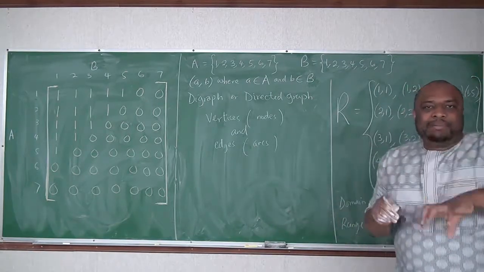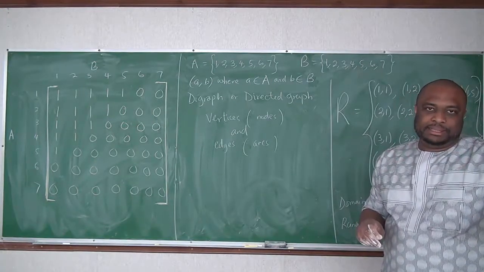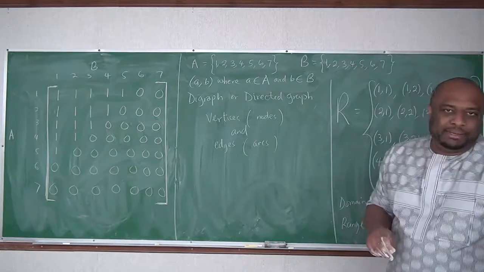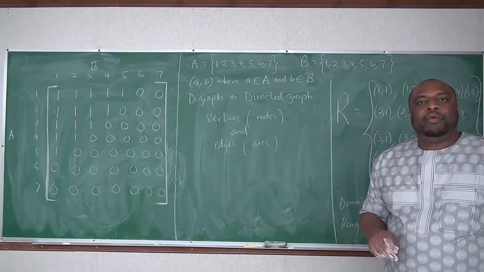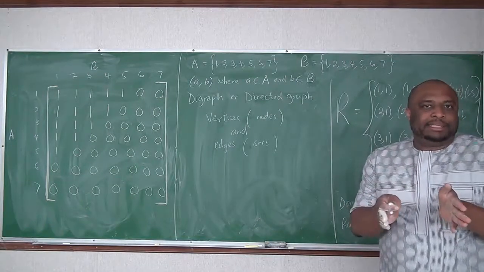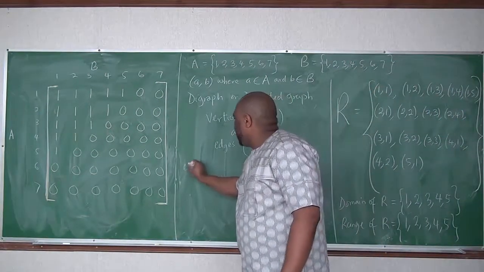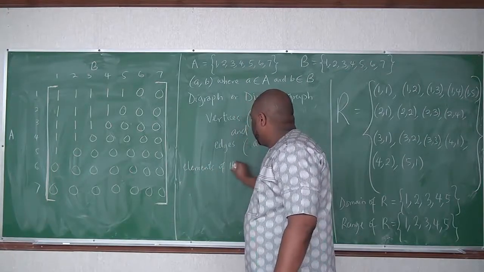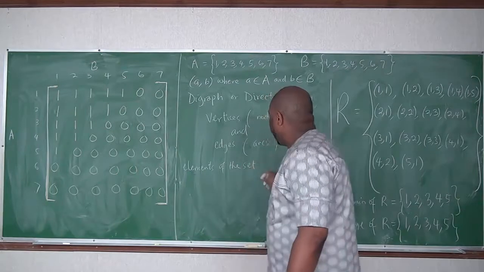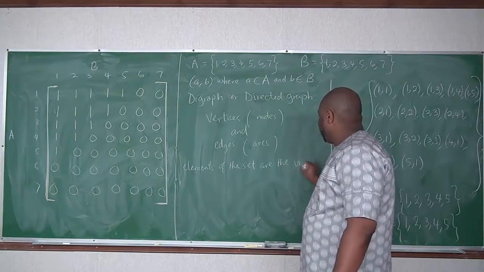The elements of the set are the vertices, or nodes, while the other pairs are the edges. Okay? The elements of the set are the vertices, or nodes.